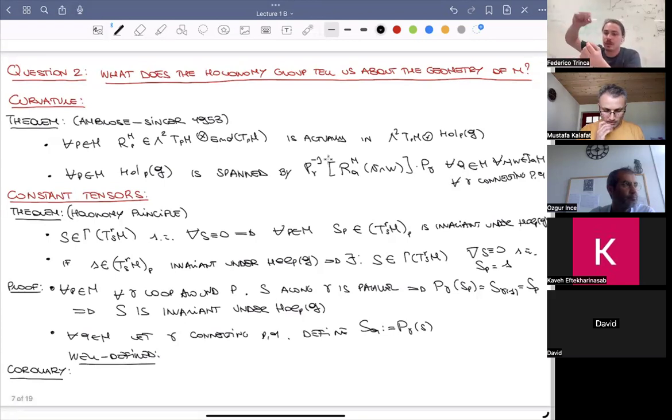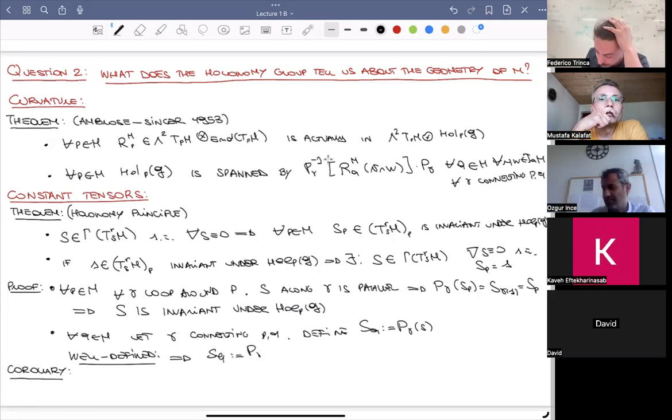If I go one way and come back by another path, I need to get something invariant, and S is invariant under it, so S_Q equal to P_γ of S is well defined.